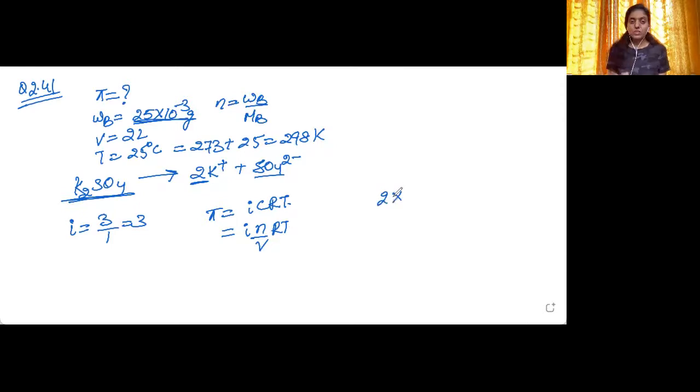So what is the atomic mass of potassium? It is 39, plus 32 plus 64, because 4 oxygens are there, 16 into 4 is 64. 32 is for sulfur. So 39 multiplied by 2 plus 32 plus 64. So it's coming out to be equal to 174.